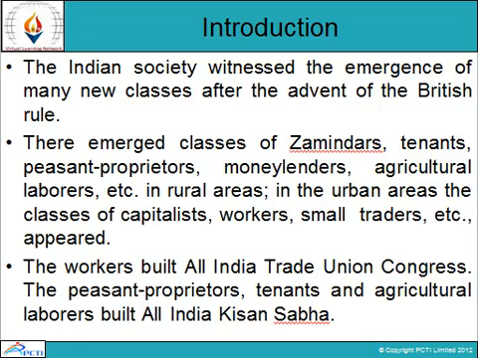In the urban areas, the classes of capitalists, workers, small traders, etc. appeared. The workers built the All India Trade Union Congress. The peasant-proprietors, tenants and agricultural laborers built the All India Kisan Sabha.